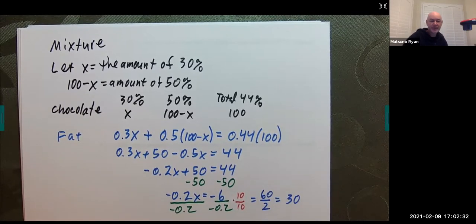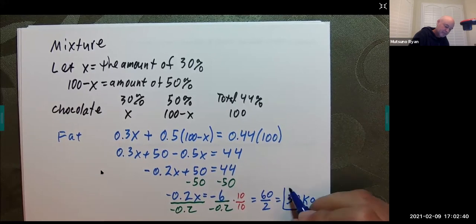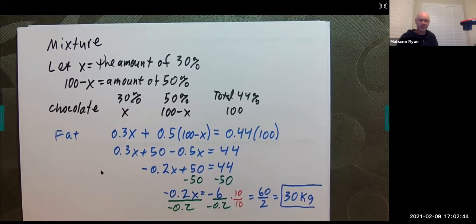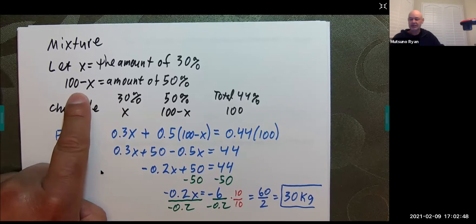And this is 30 kilograms, kg. There you have it. So there's the mixture problem. I know some students tend to struggle with that, especially this beginning part with the 100 minus x, and that's understandable.